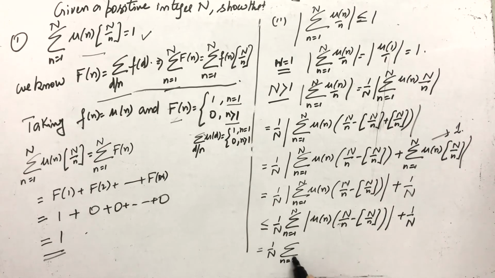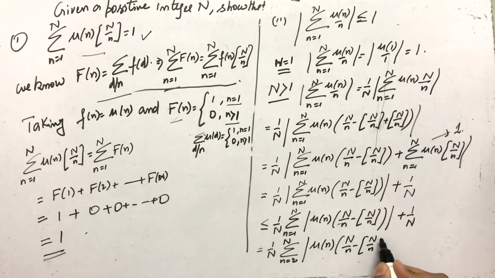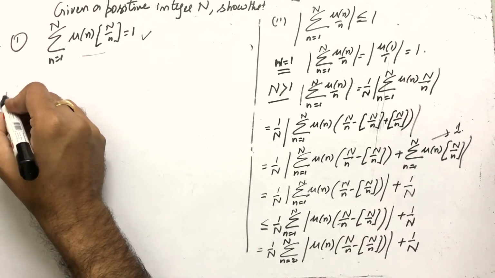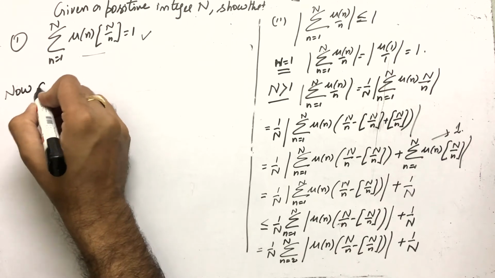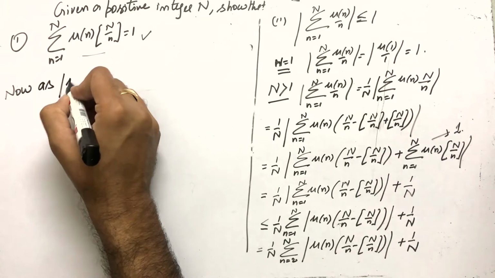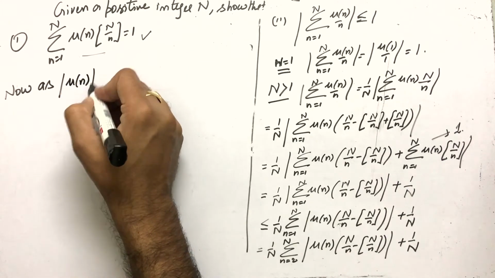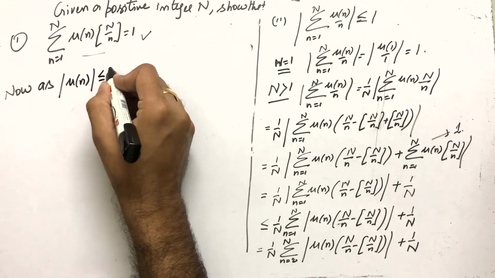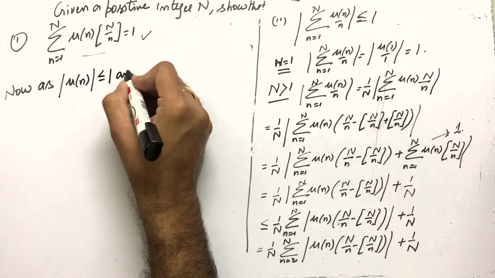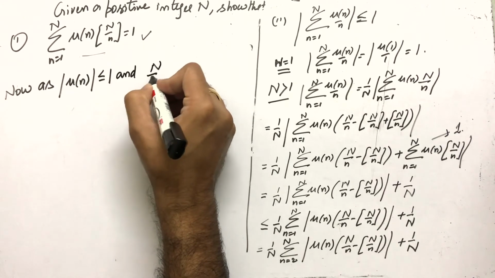n from 2 to capital N of mu(n) times N by n minus the greatest integer of this, plus 1 by N. Now, as we know that mod of mu(n) is less than or equal to 1, and also how much is this?